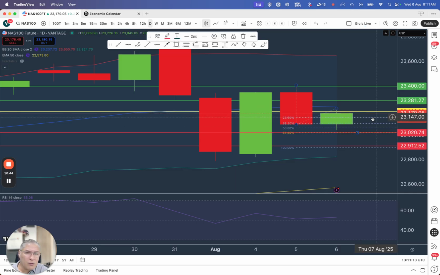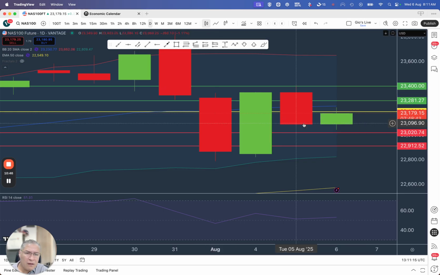Let's take out the tool, and now take a look at where that Fibonacci value, the golden ratio, is. It sits right above a psychological value of 23,000. So 23,000 is the level the market might come towards, and we'll see if it finds support buyers around that level.